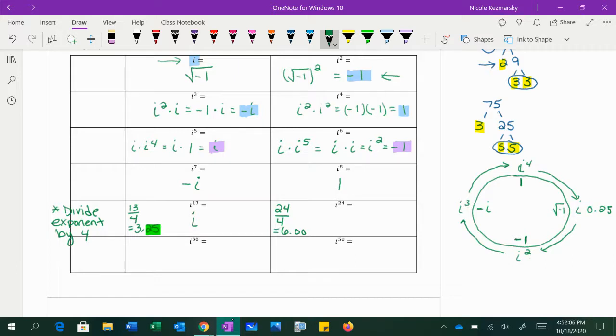When the decimal is 0.00, that looks like 4.00. Then your i is equivalent to i to the 4th, or positive 1.